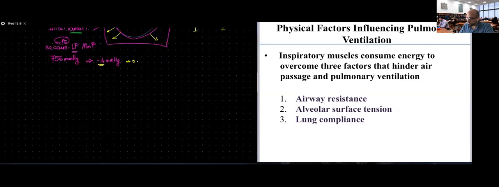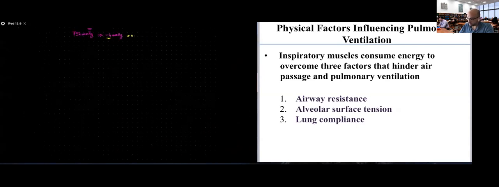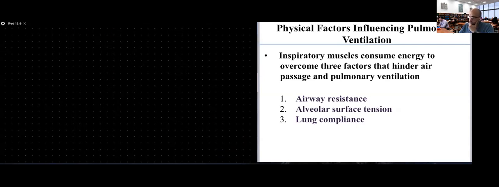All right, so looking back, what happens during inspiration? During inspiration, the inside of my lungs is at 0 pressure, equal to the atmosphere. The intrapleural pressure, the pressure between the two layers of the pleura, is -4.